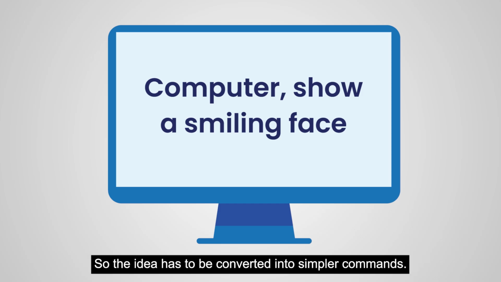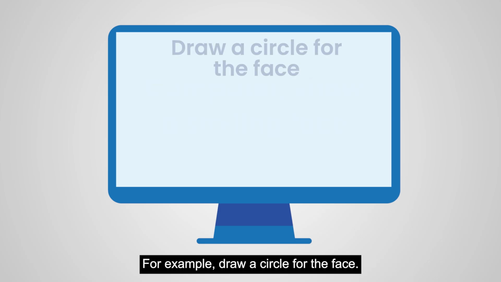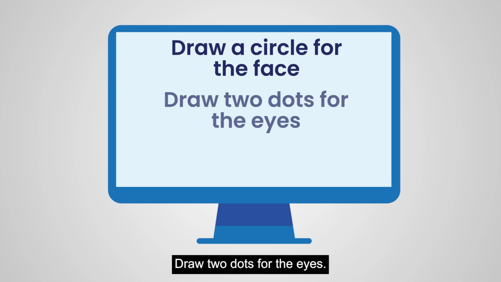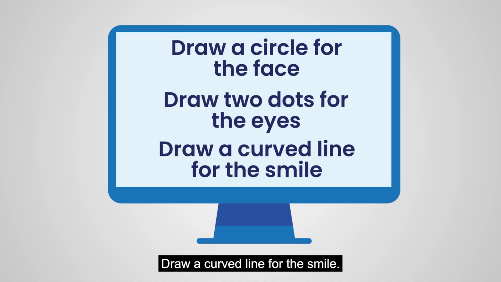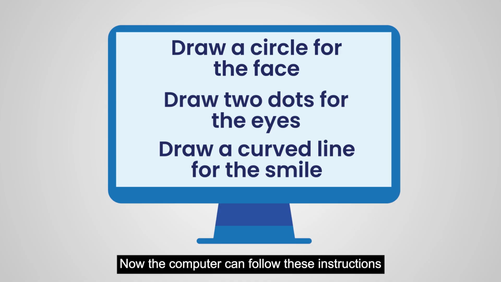So the idea has to be converted into simpler commands. For example, draw a circle for the face. Draw 2 dots for the eyes. Draw a curved line for the smile. Now the computer can follow these instructions step by step and make a smiley face.